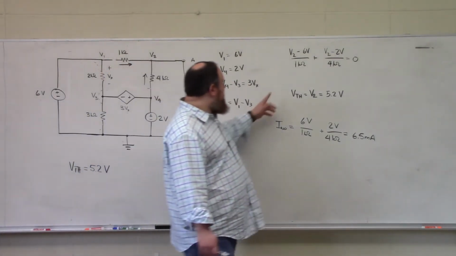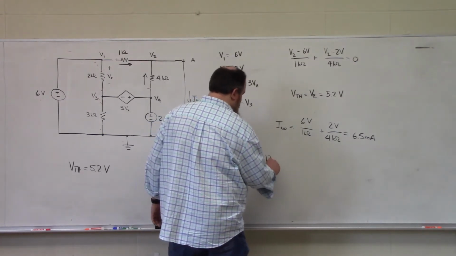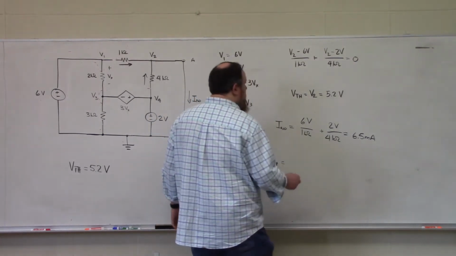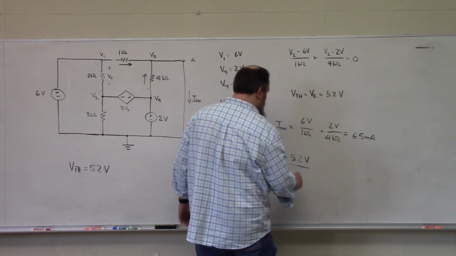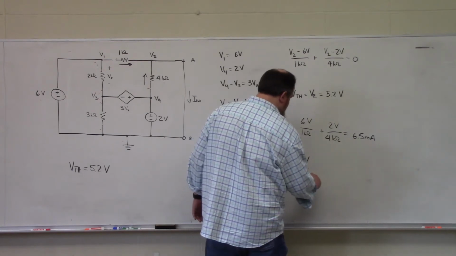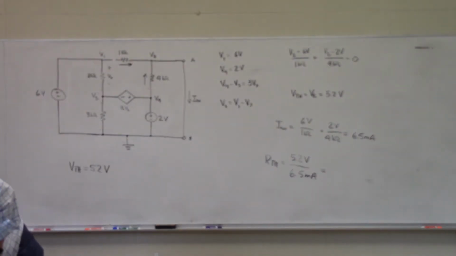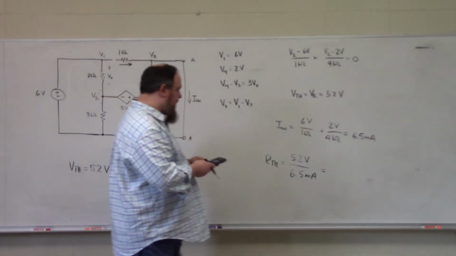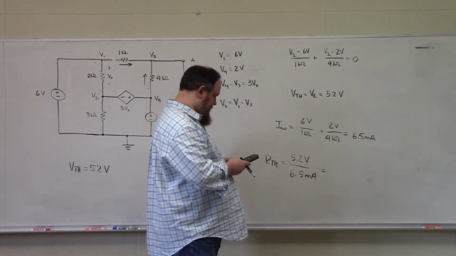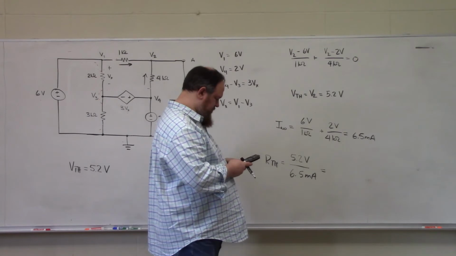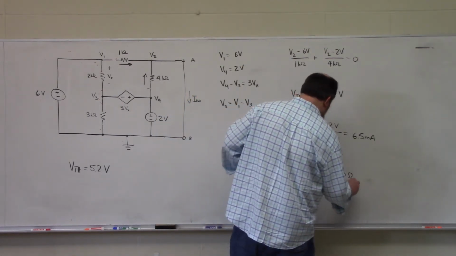Now that we know V Thevenin and I Norton, we simply take the ratio. So R Thevenin is equal to 5.2 volts divided by I Norton, 6.5 milliamps. Let me get my calculator here. This gives us 800 ohms. Yep, 800 ohms.